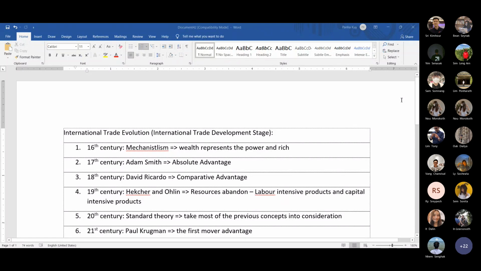Cambodia can produce laptops, automobiles, vehicles, home appliances like refrigerators, air cons, microwaves, also possible. But the question is, is it ideal enough for Cambodia to produce those products? No, that is not ideal, right?